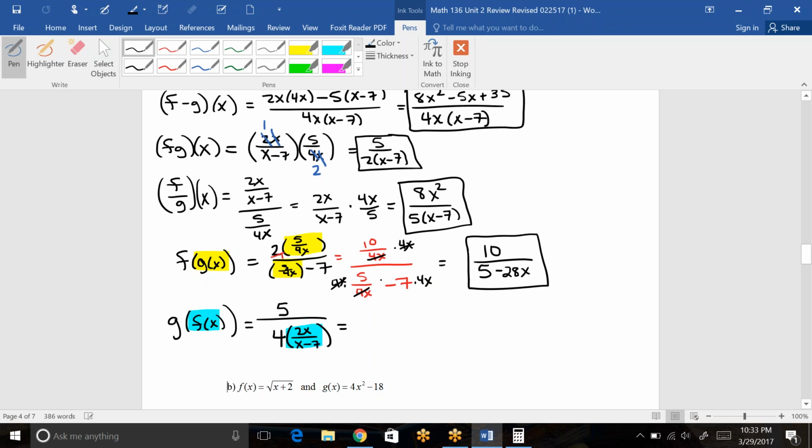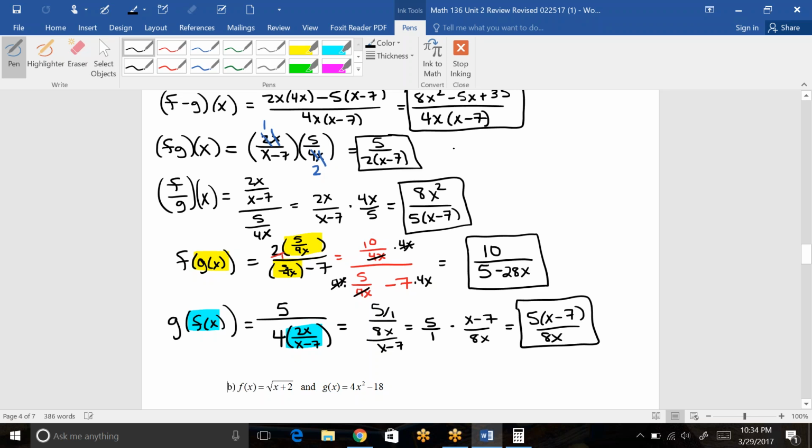We don't need to do anything with cross-canceling or LCD, because if you work that bottom out, that would be an 8x over an x minus 7. You can think of the top as being 5 over 1, so this is multiplying by the reciprocal. So 5 over 1 times the reciprocal of the bottom. So we get 5 parentheses x minus 7 over 1 times 8x, which would be 8x.